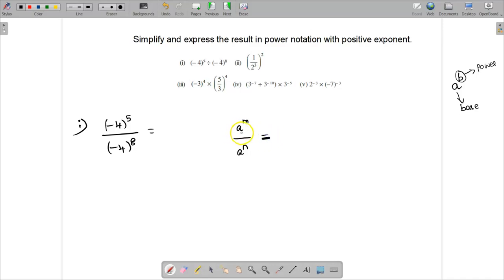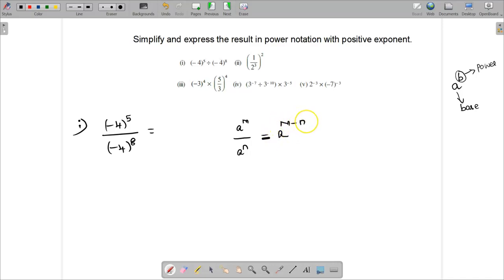When we have the same base in the numerator and the denominator, we can write this as a power (m minus n). Why? Because we write the common base once, and the numerator power m, minus the denominator power n.